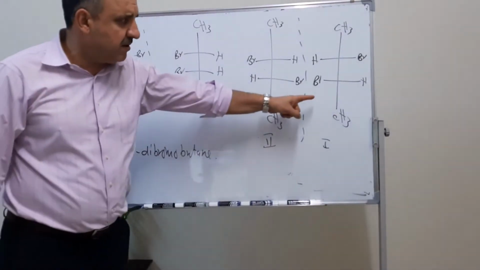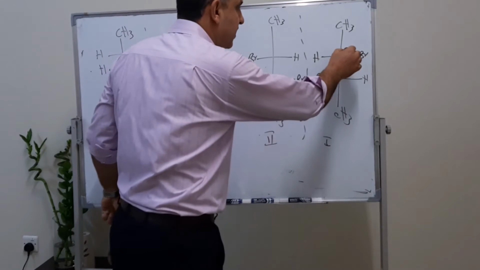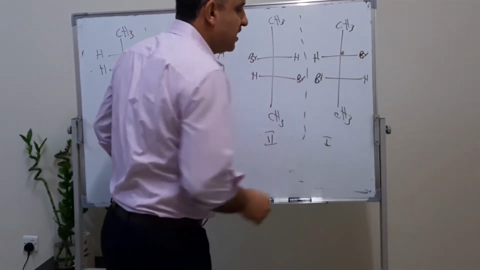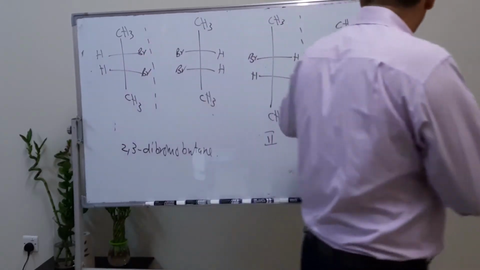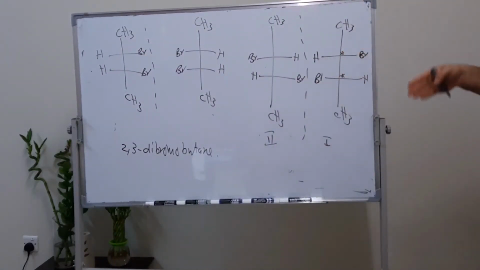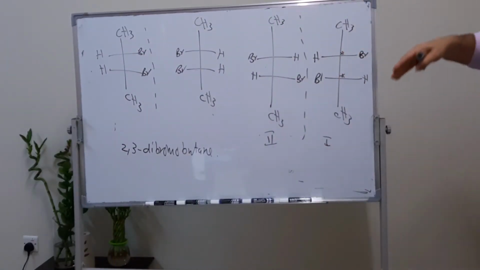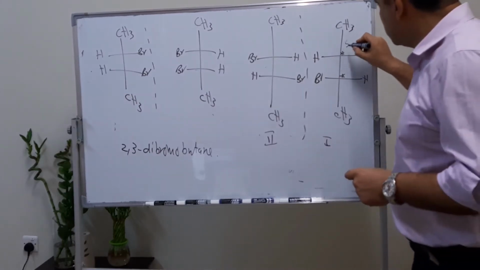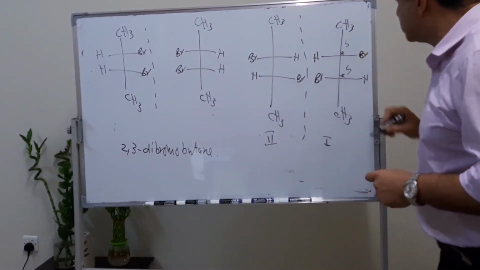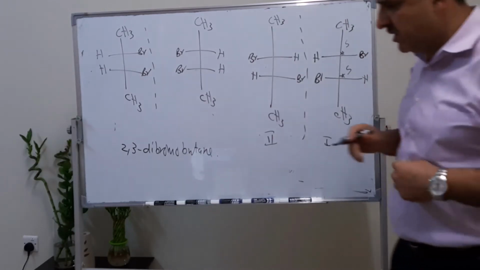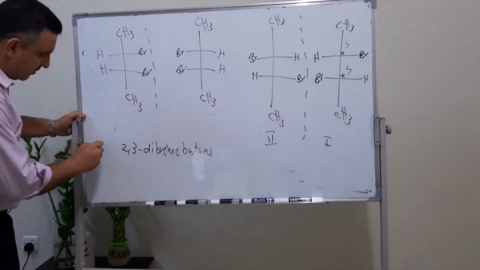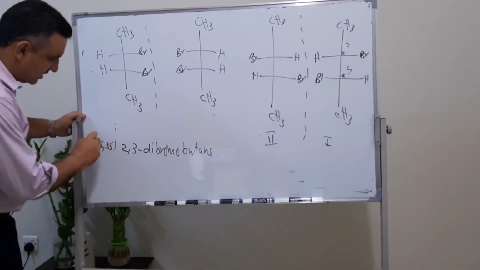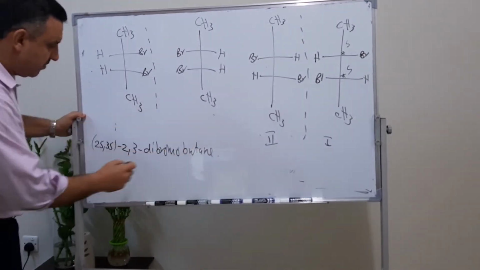The first compound, as you can see, let's simply assign the absolute configuration of each stereocenter. The first one, this one, the absolute configuration will be the S configuration, and this is again the S configuration. So the IUPAC name of the first compound will be (2S,3S)-2,3-dibromobutane.